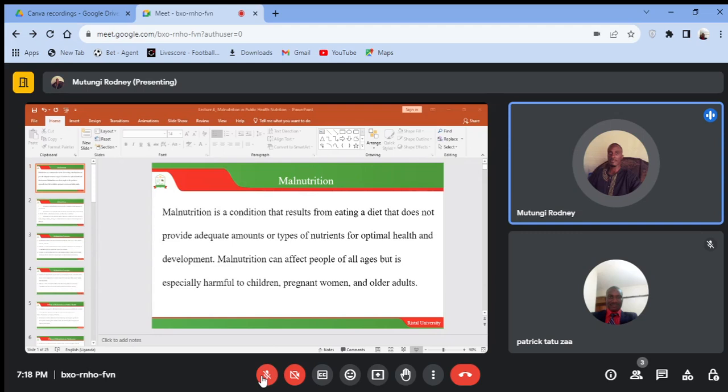Then the quality of life and life expectancy. So if someone was ideally supposed to live for 80 years, and then now they develop malnutrition, or they are not feeding well, they can end up dying at an earlier stage, or at an early age than 80, which would have been their life expectancy. But even before they die, their quality of life will be very, very bad.